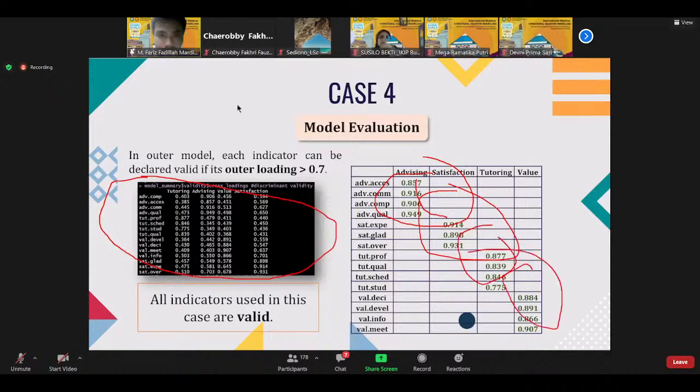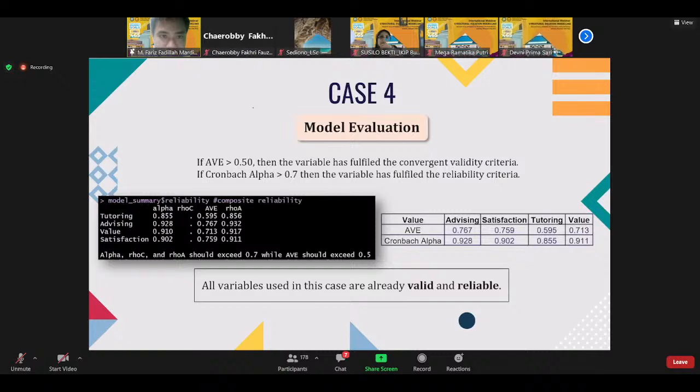And then for validity, we use AVE, average variance extracted. When average variance extracted is greater than 0.5, then the variable has fulfilled the convergent validity criteria. If Cronbach's alpha is greater than 0.7, then the variable has fulfilled the reliability criteria.